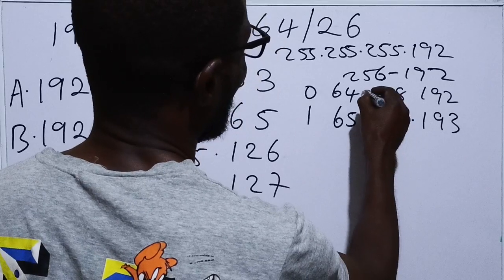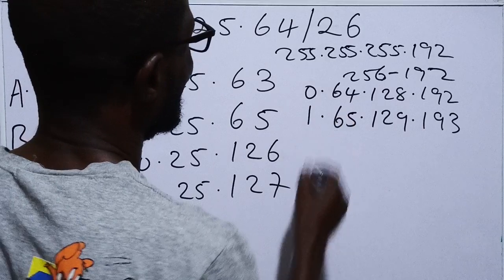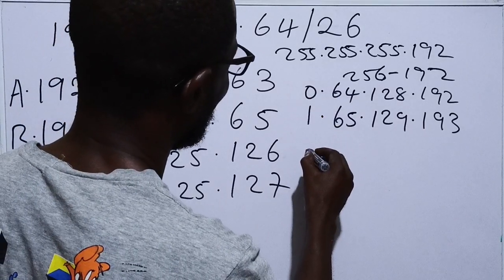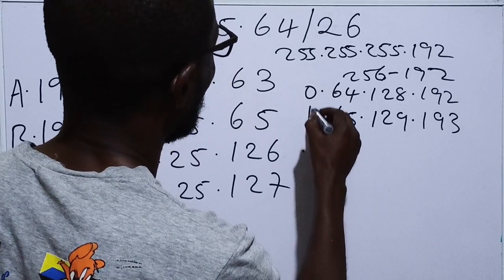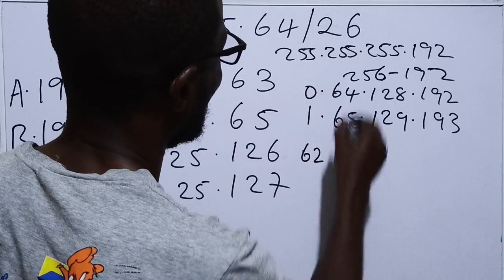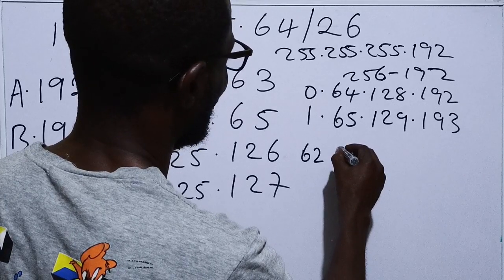Now, what is here again? Here, the last is 62. The last of this is what? 126.